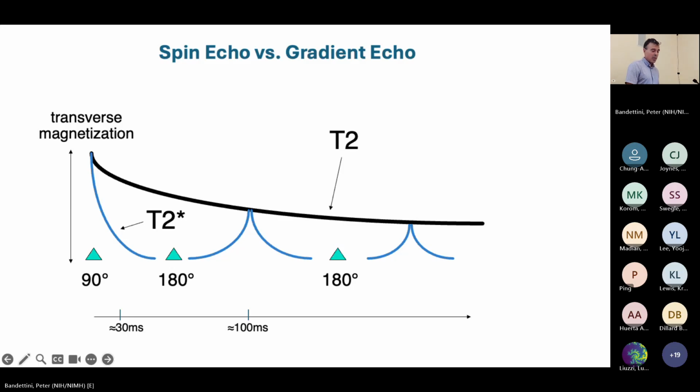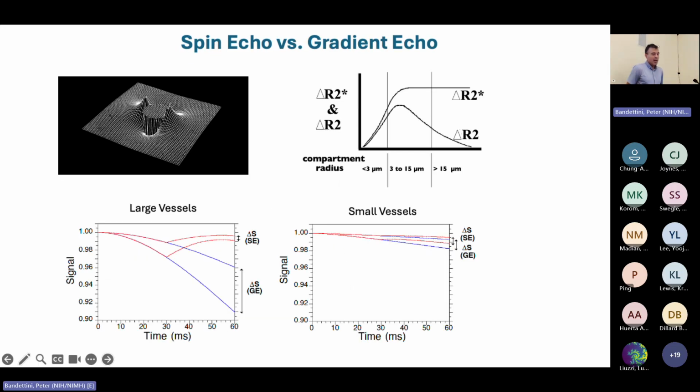Okay, and so this is a classic diagram up above. This is basically an image just to help illustrate the point of magnetic field distortions. It's a classic diagram that has been around for 40 years or so, showing the sensitivity of gradient echo versus spin echo, versus R2 star versus R2, to different perturber compartment size, like either red blood cells all the way up to big vessels.